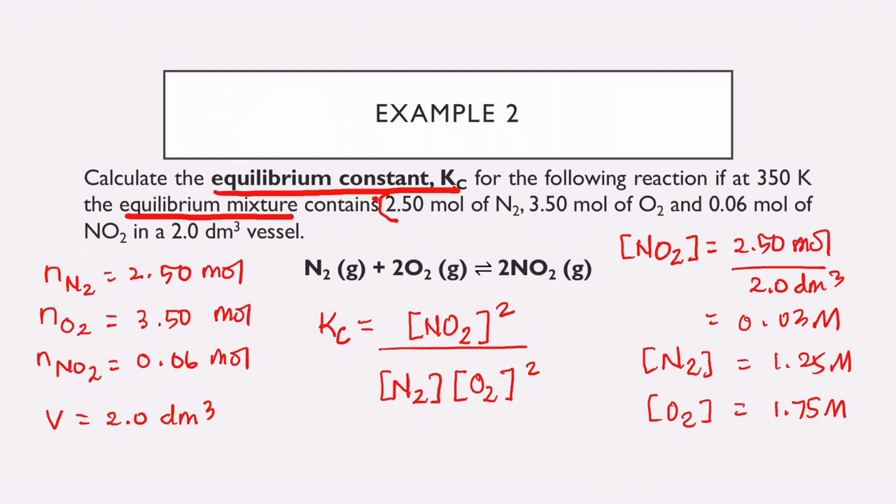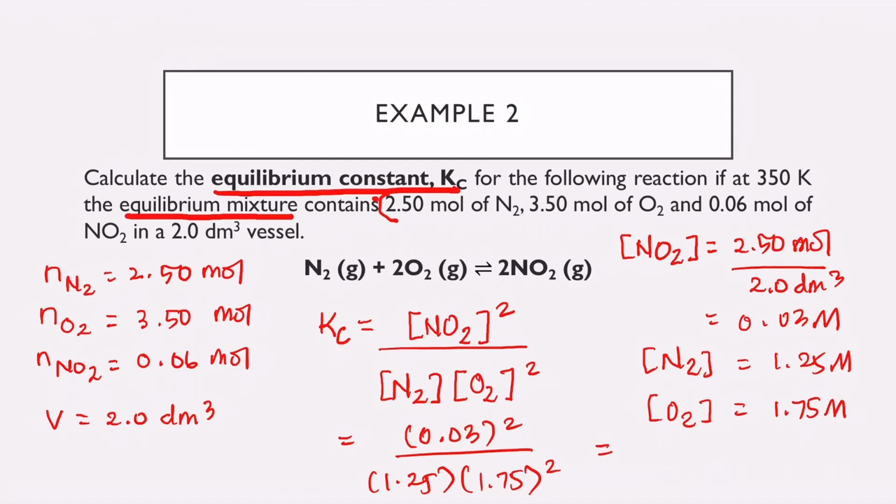So from that you just plug in your values. For NO2 you can just use round brackets now, no need for square brackets, since square brackets are for concentration. Insert NO2 0.03 squared over 1.25, then oxygen you have 1.75 squared. Okay, press the calculator.